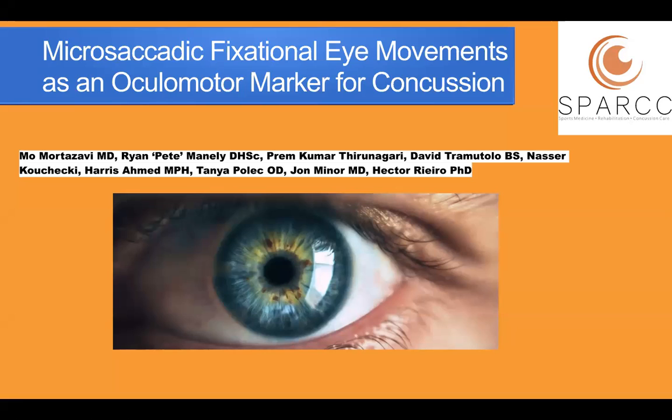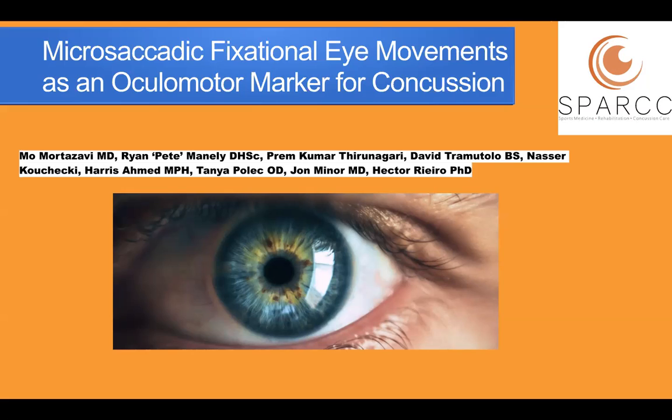These are eye movements that are essentially small microfixations, and we sort of break down normal visual exploration into saccades and fixations, and think of fixation as periods of relative stability or when the eyes are fixed or fixated on an object.